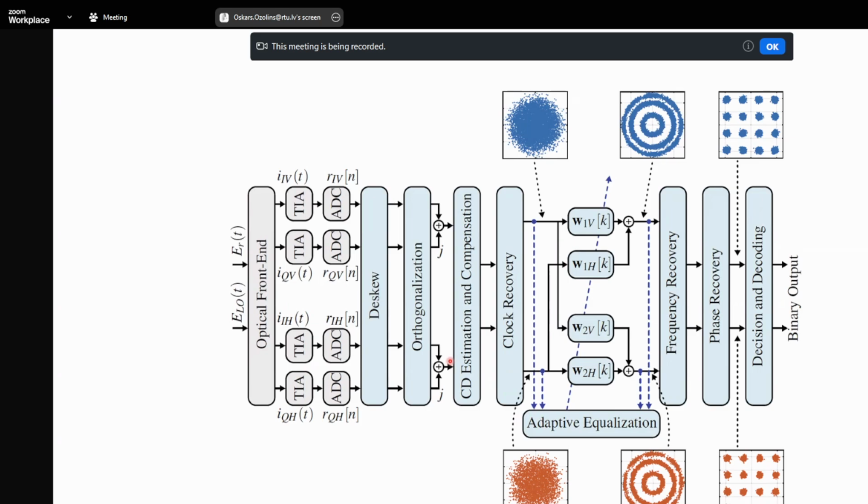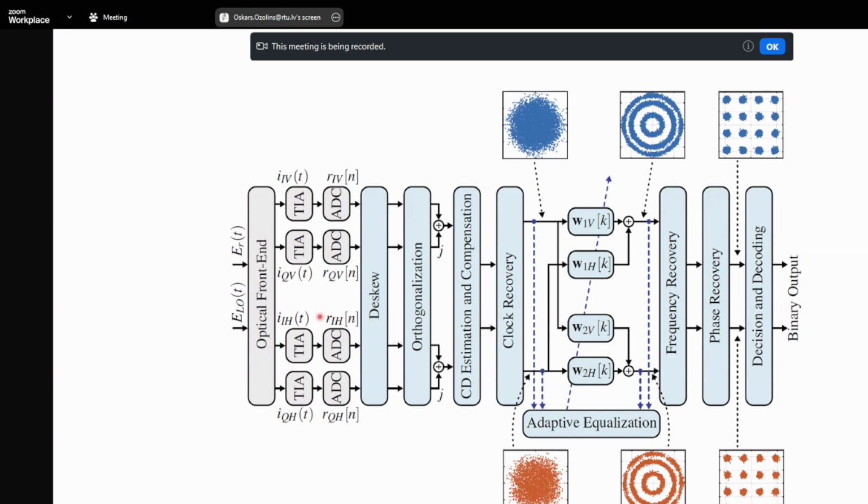I'm not sure how much I have on this later on, but just a rule of thumb, for example, if you have a very long link, then doing time domain chromatic dispersion compensation would require a lot of taps in a filter to describe the impulse response of the system. But if you are using frequency domain compensation, then you can do it with less complexity for longer distances like 10,000 kilometers.